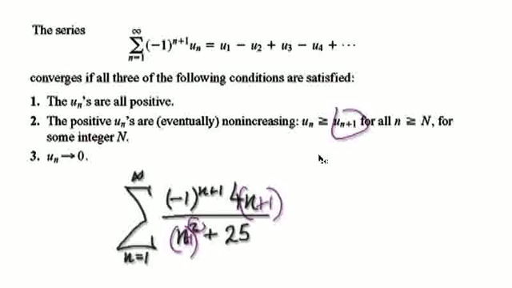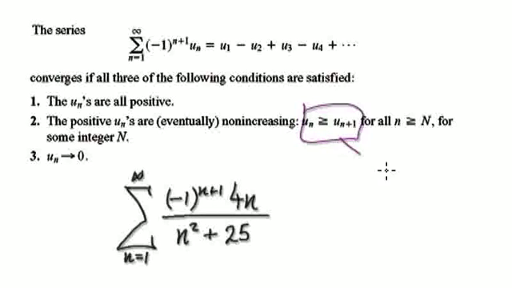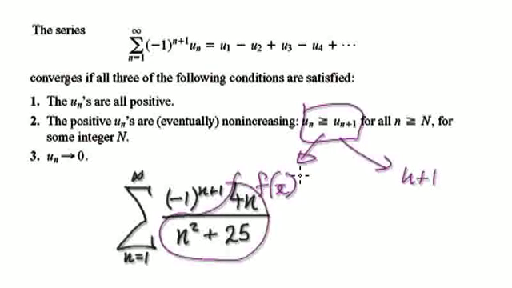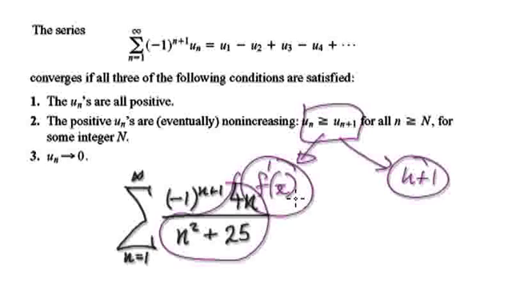The other way would be to map a function on top of this and make sure that the derivative is always negative or equal to 0. We are going to take this route.